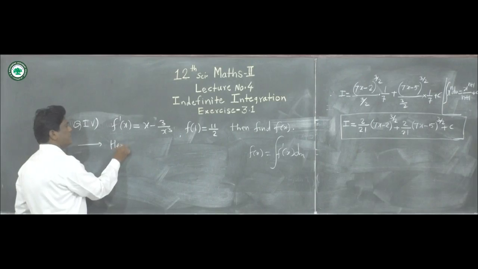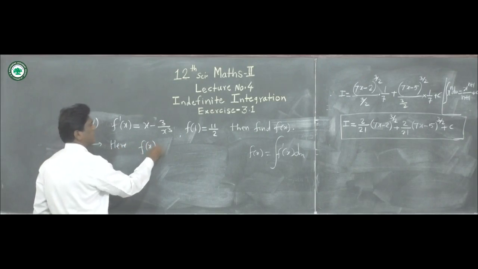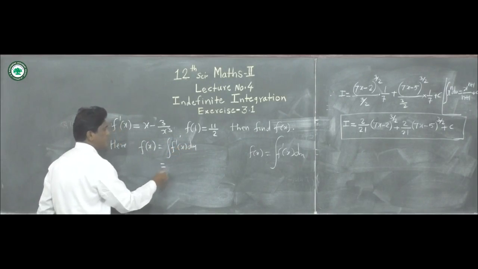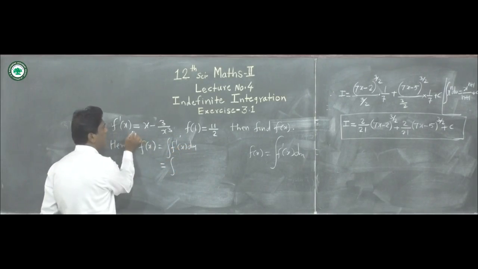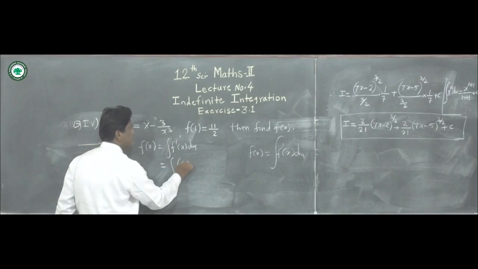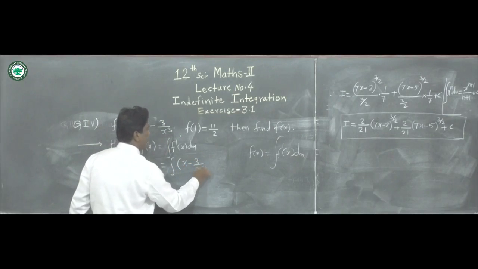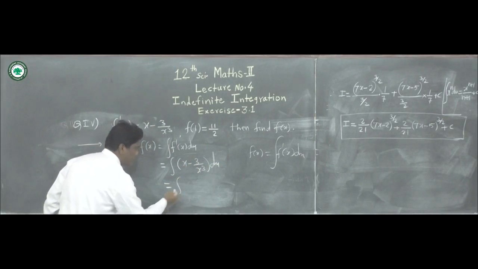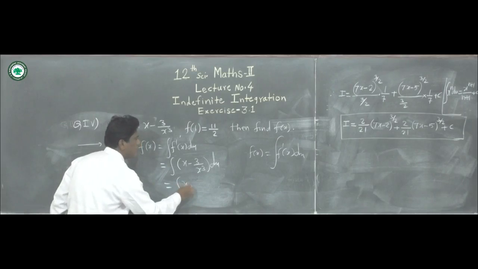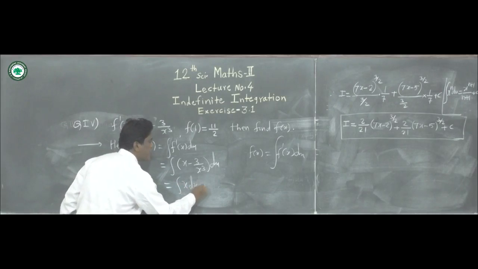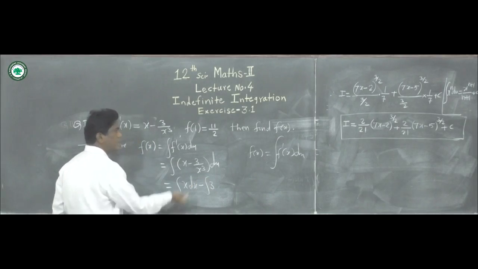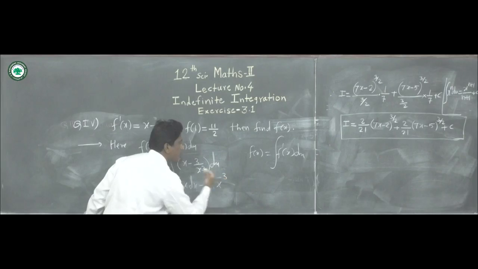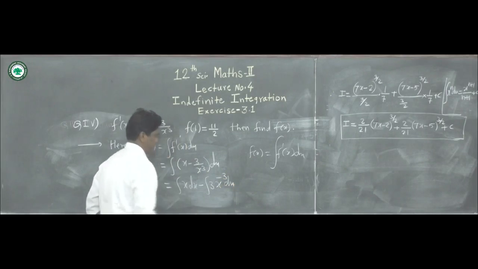here f of x is equal to integration of f dash of x dx, and so it is equal to integration of, we put f dash of x as (x minus 3) upon x cube dx, and so this is equal to integration of, take separate integration, integration of x dx minus integration of 3 and carry this term in the numerator, so it is x to the power minus 3 dx.